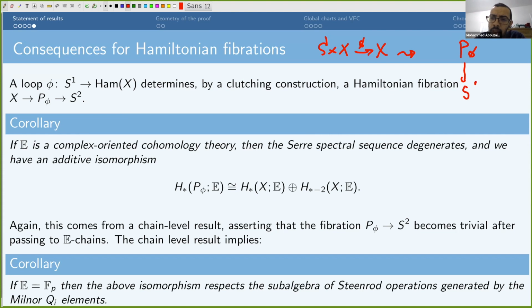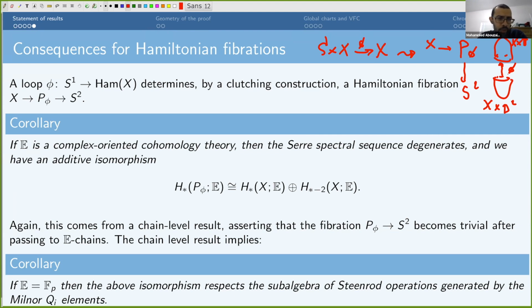projects to S2, with fiber X, and you just construct it by taking the trivial product X cross D2 in the lower hemisphere and the trivial product X cross D2 in the upper hemisphere, and you just glue them along phi. At every point in the boundary circle, you use this value of the map phi of t. You attach the two things together.